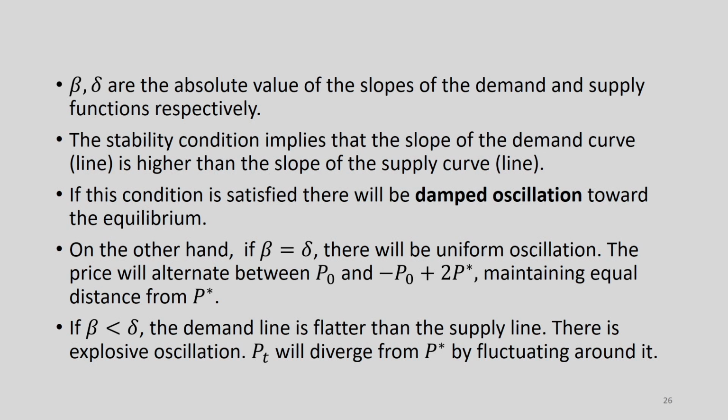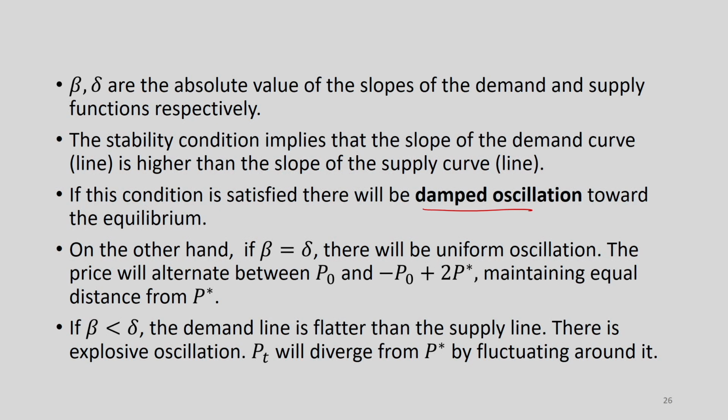The stability condition implies that the slope of the demand curve or line in this case, because we are assuming a linear function, the slope of the demand line is higher than the slope of the supply line, I mean the absolute value of the slope. If this condition is satisfied, there will be damped oscillation, right, towards the equilibrium, because in that case the modulus of b is less than 1.